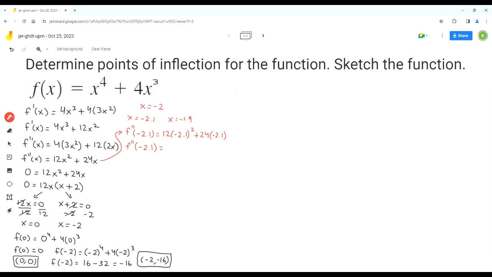So 12 times negative 2.1 squared and then plus 24 times negative 2.1. So I got a positive value. So I got 2.52, which is a positive value. So that means on the left side of x equals negative 2, the curve is concave up.